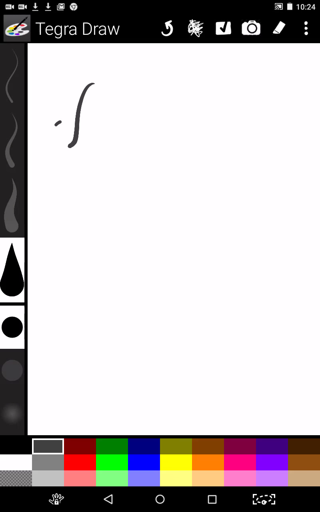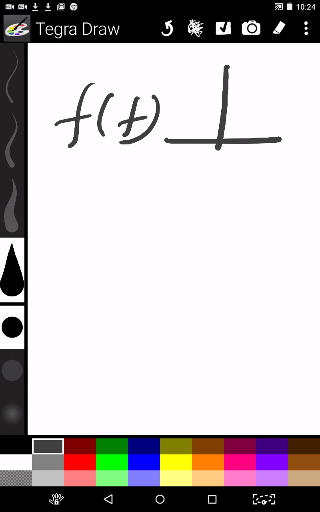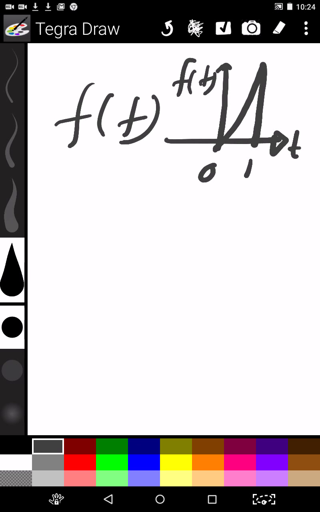Let's say this is f of t. This is 0, this is 1, this is the time axis, and this is f of t. Now f of t plus 1 means it will advance by 1 unit.